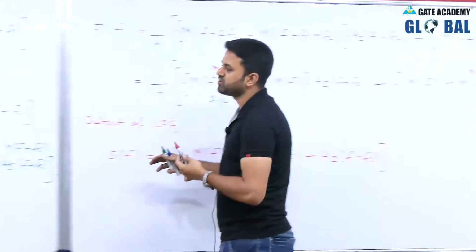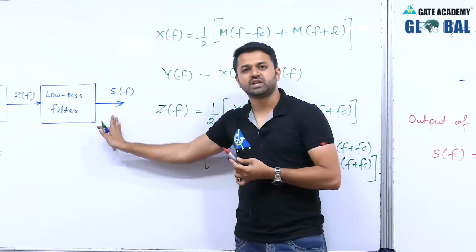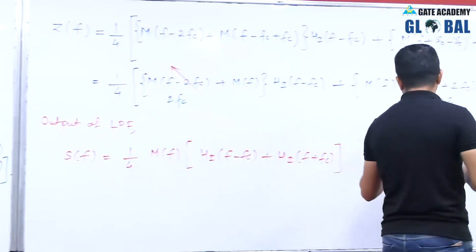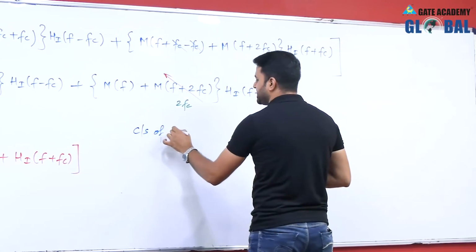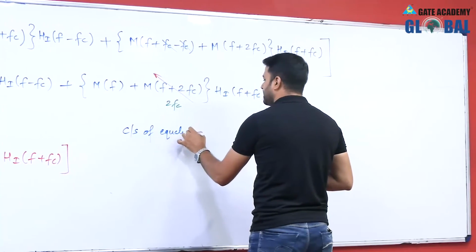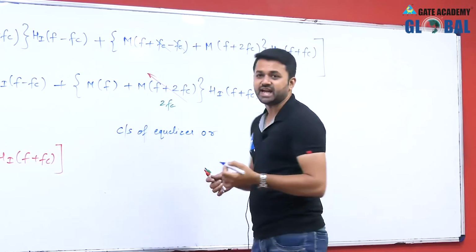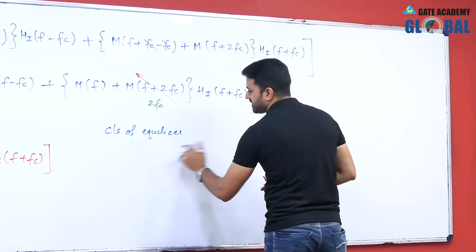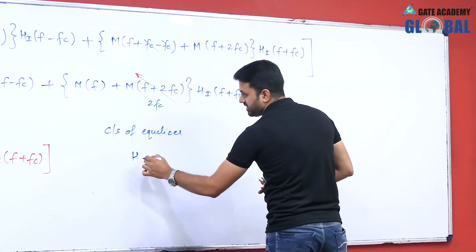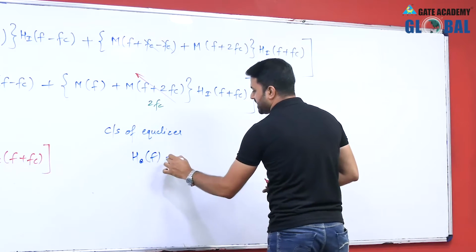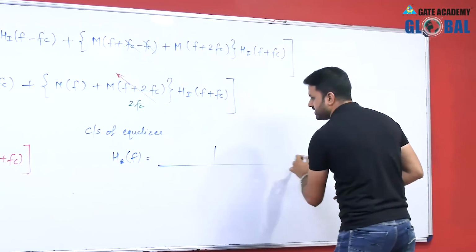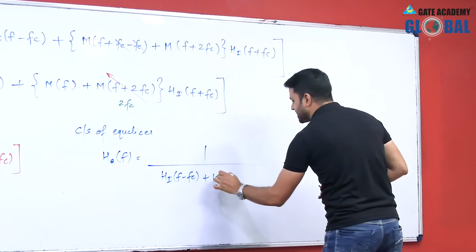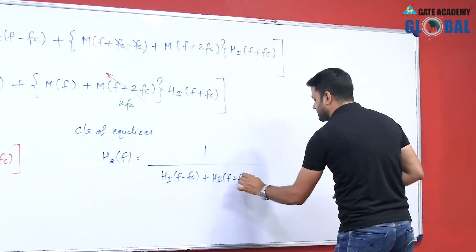So here at the output of this low pass filter we can substitute an equalizer, or you can also say that this low pass filter should have characteristics like H_e(f) equal to 1 upon [H_i(f − fc) + H_i(f + fc)].